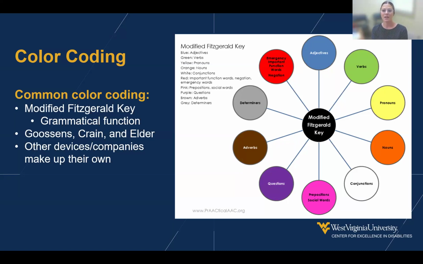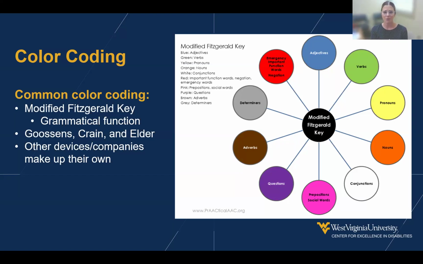But the reason I share it is very important. If you are a family member adding words to a system, or a teacher adding words, or a speech therapist adding words, we can't just create a symbol or add a symbol onto an AAC device without matching the color coding system.